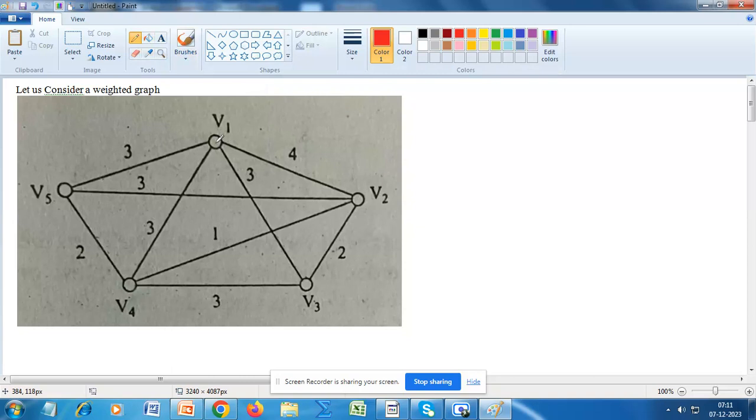First, you choose any vertex. I choose here vertex v1. Now choose minimum weights. We have v1 to v5, which is 3, v1 to v2 4, v1 to v3 3, and v1 to v4 again 3.